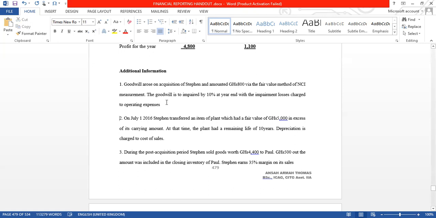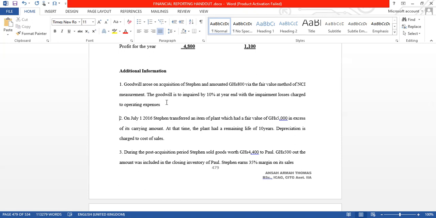Then what else do we do? On July 26, 2006, there was a transfer of an item of plant, and S transferred it. So we are good to go. The only thing we need to do is calculate the PAP on this transfer.